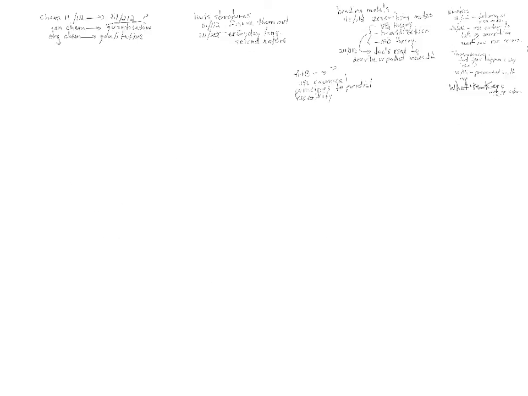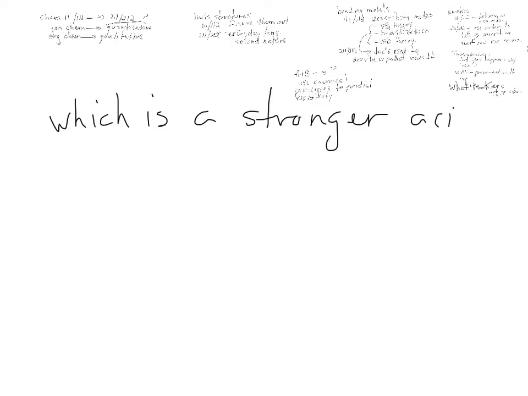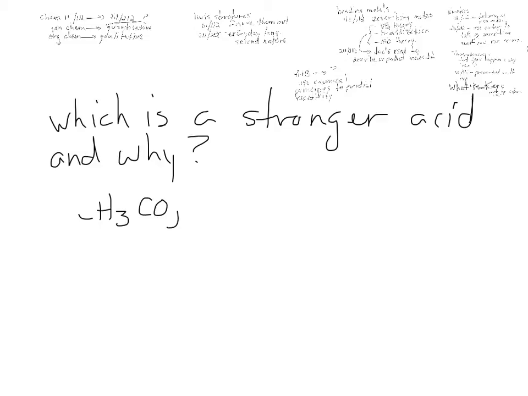Let's use a specific example to illustrate some of these points. So we might be asked, which is a stronger acid and why? So 2 questions. And one of the possibilities that we'll consider is acetic acid, and the other, let's say, is 1-chloroethanol.